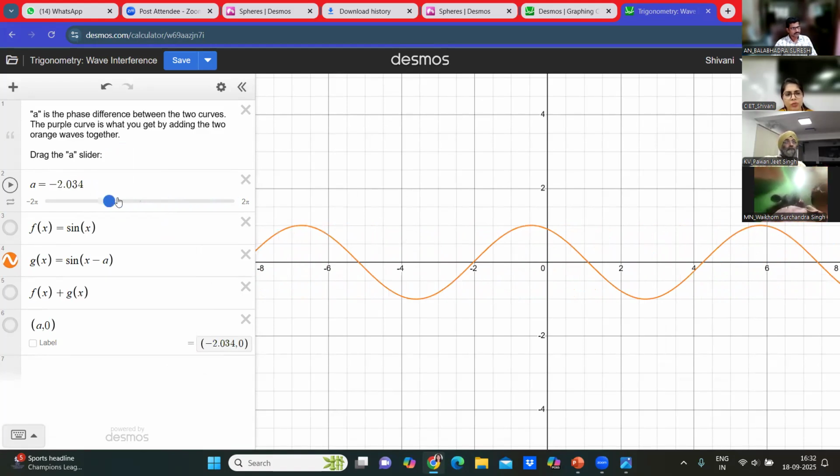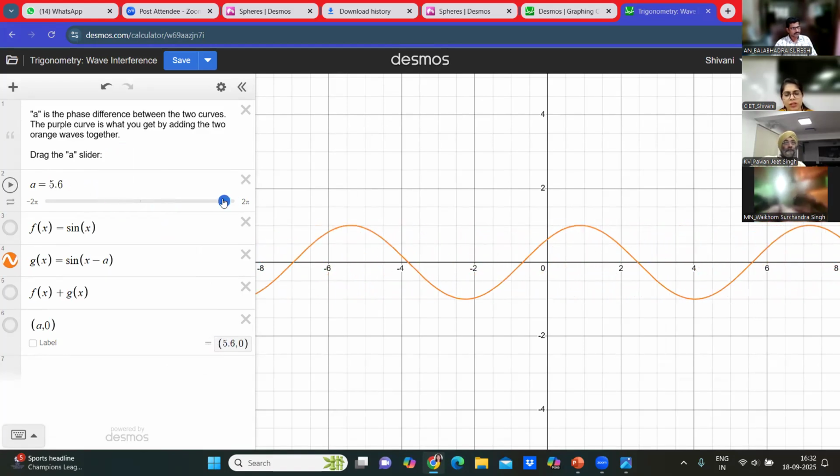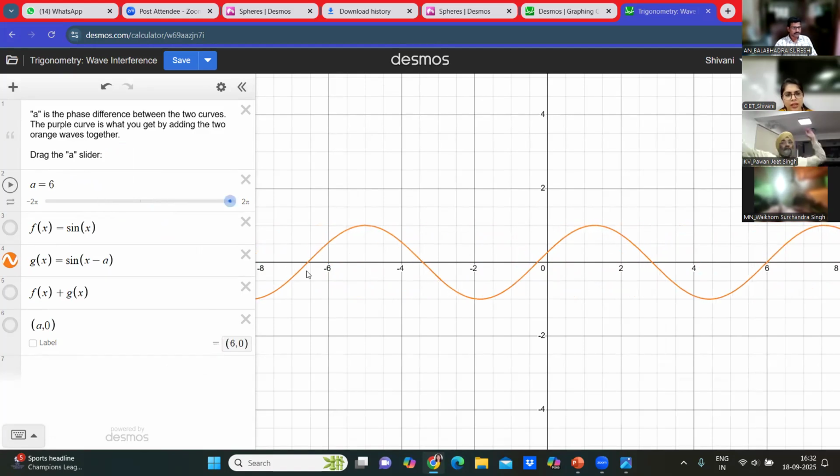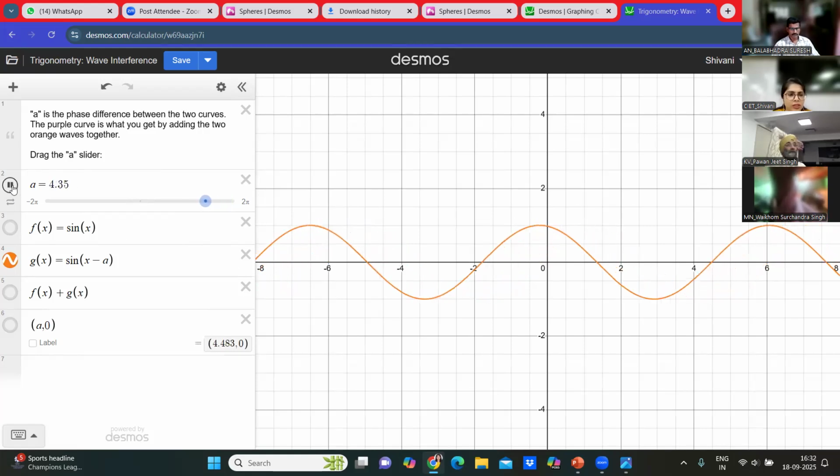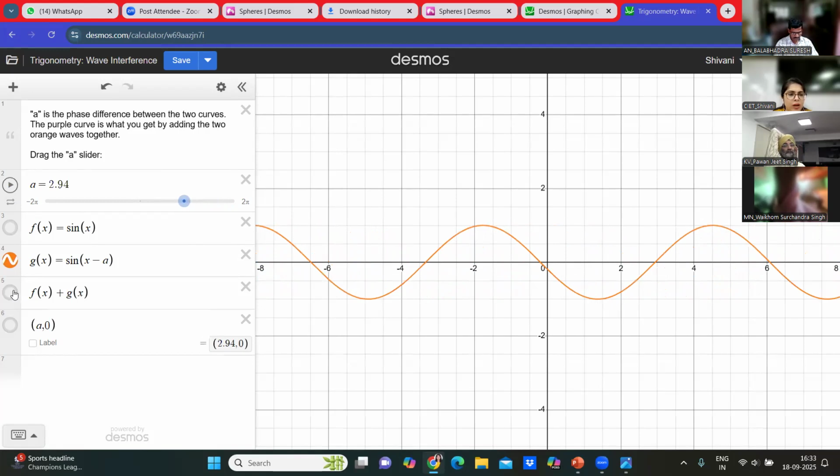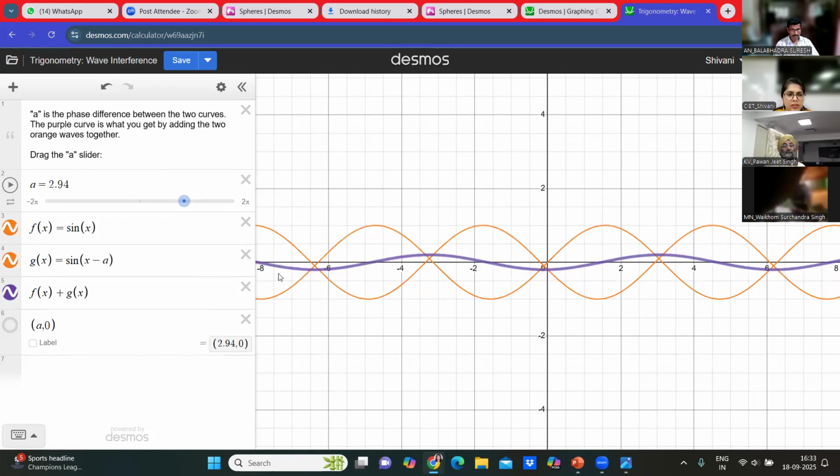When A is increasing, you can see how the graph is impacted. Now what is f(x) plus g(x)? This line represents both f(x) plus g(x). If you want to label the curve, you can label it by a comma 0 also. Now this point is also moving.